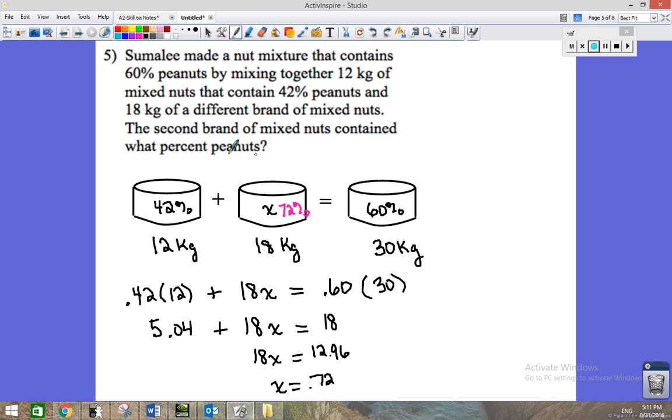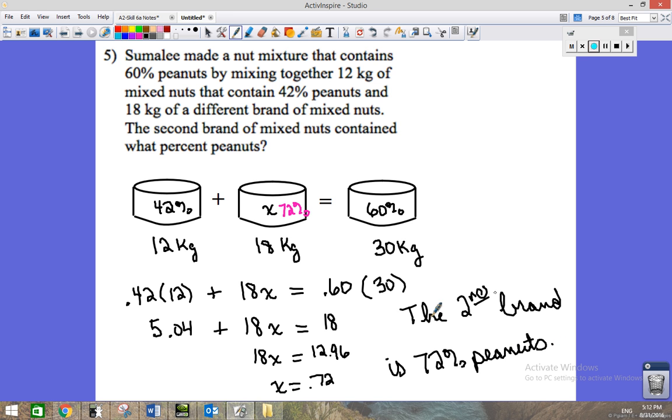All I have to say is that the second brand is 72% peanuts, or is composed of 72% peanuts.